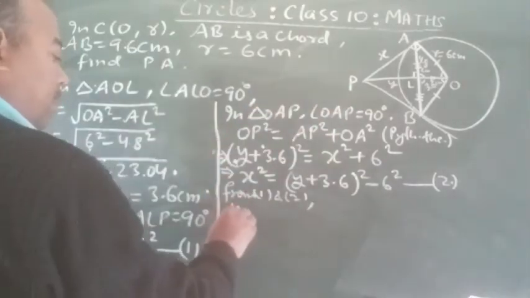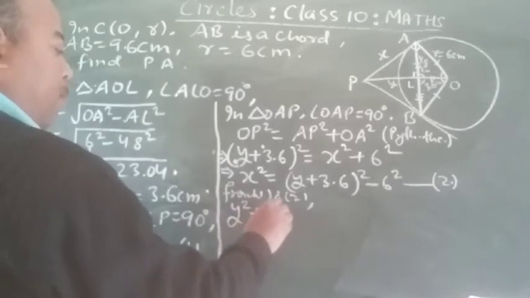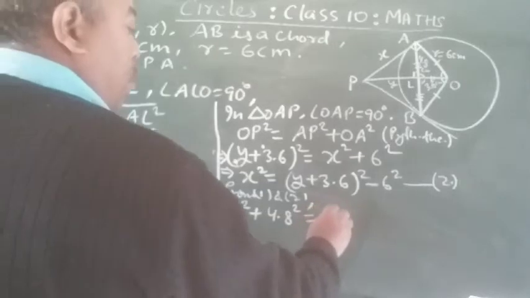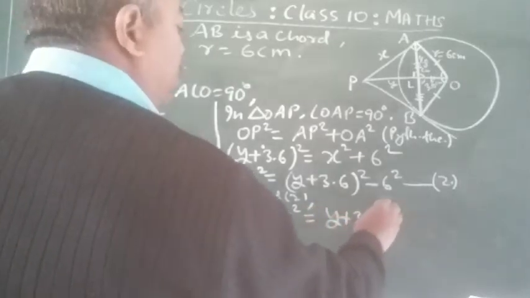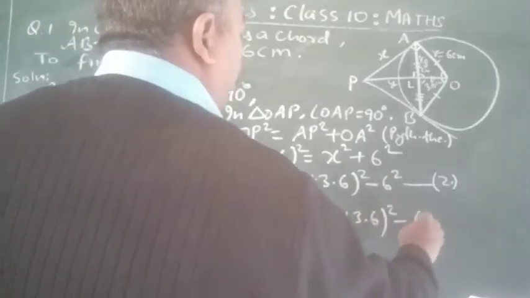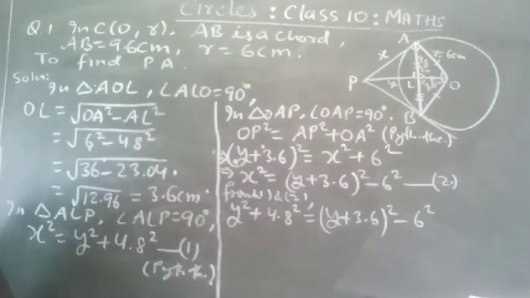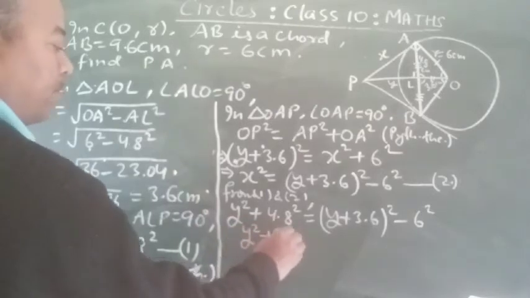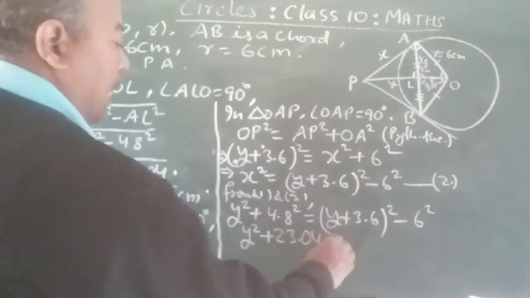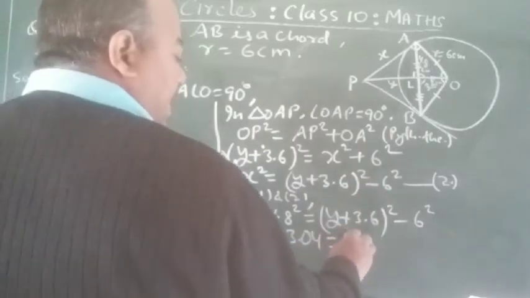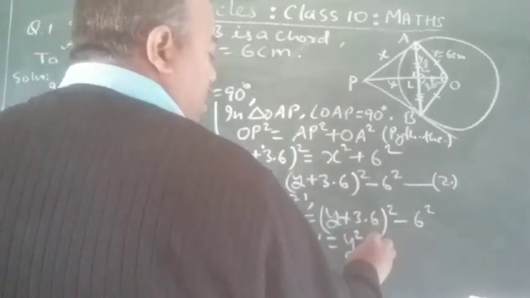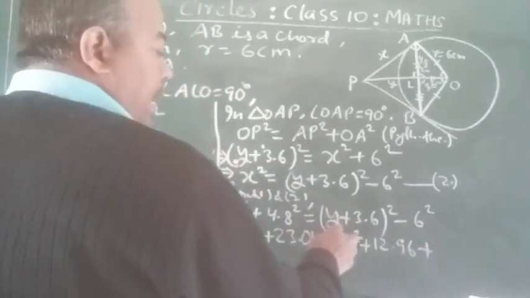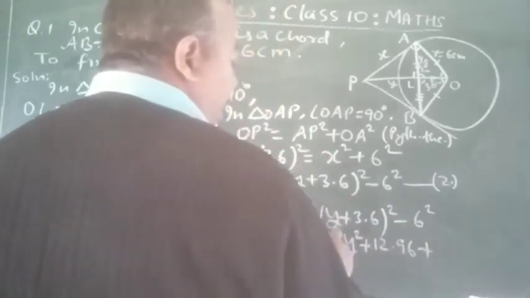Y square plus 4.8 whole square equal to y plus 3.6 whole square minus 6 square. Okay, we have to do the calculation. Y square plus 23.04 equal to a plus b whole square. A square, this square is 12.96, plus 2ab, that's 2 into y into 3.6.